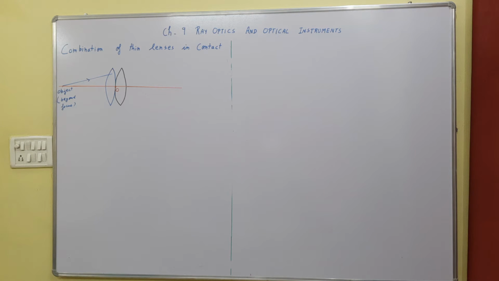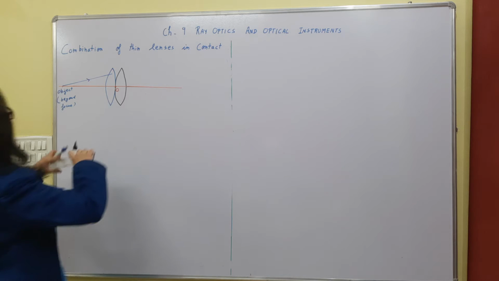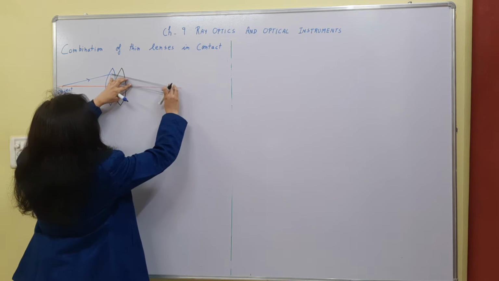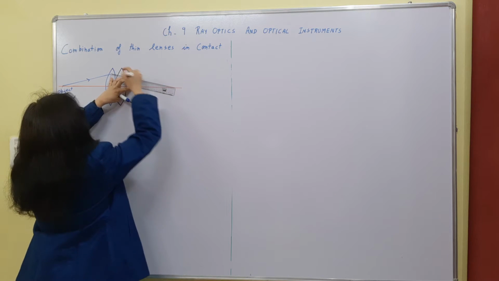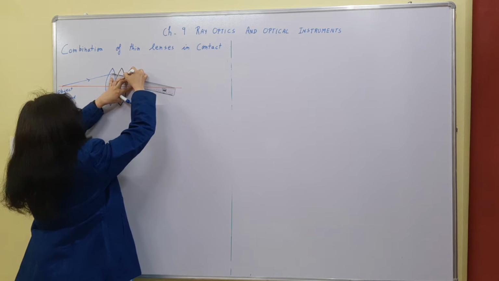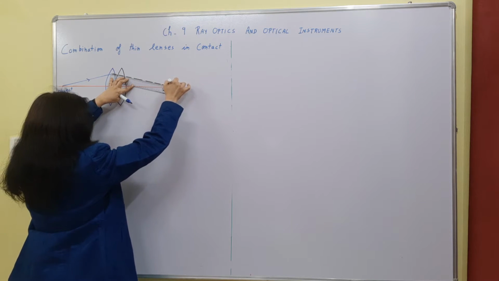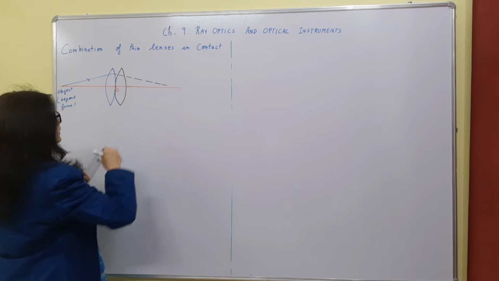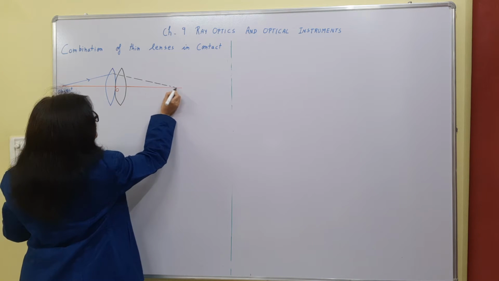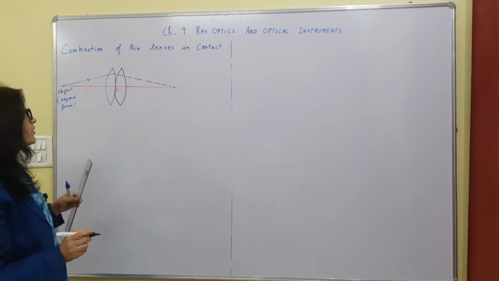This is a converging lens, so it would have formed the image here somewhere in the absence of the second lens. But before this image is formed, the second lens comes in front of this ray.